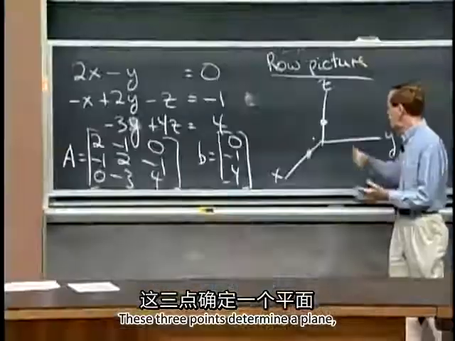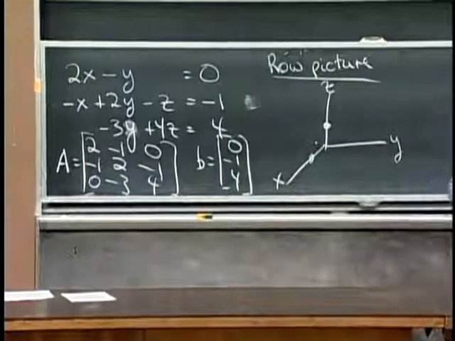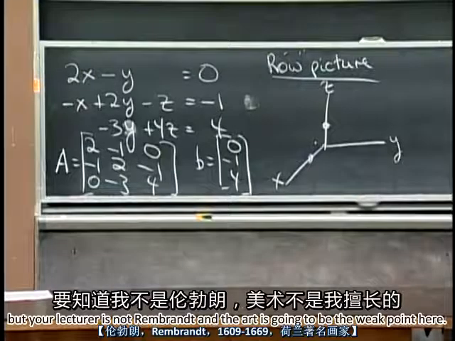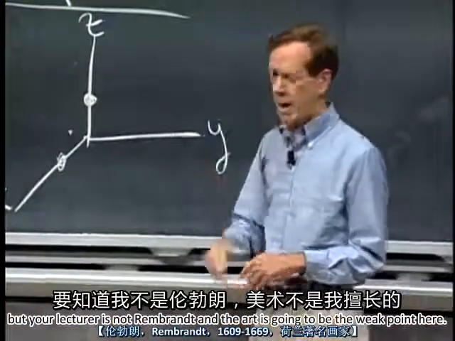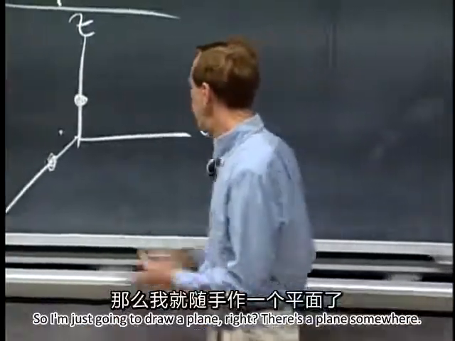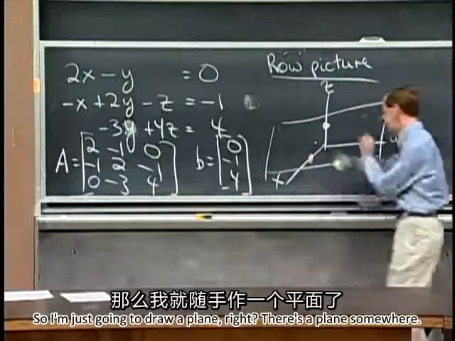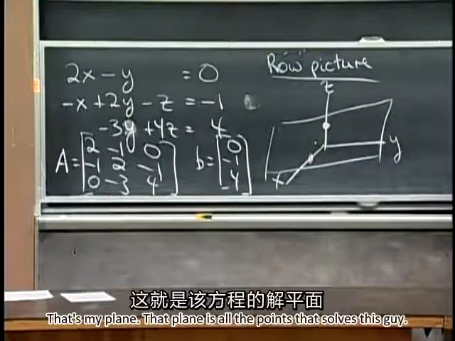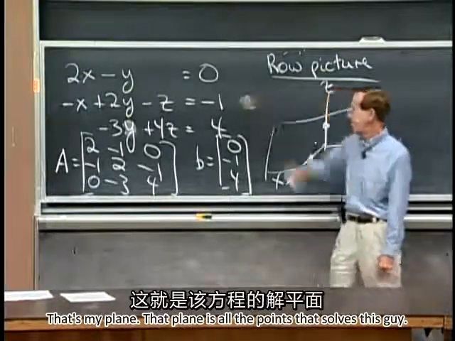So these 3 points determine a plane, but your lecturer is not Rembrandt, and the art is going to be the weak point here. So I'm just going to draw a plane, right? There's a plane somewhere. That's my plane.